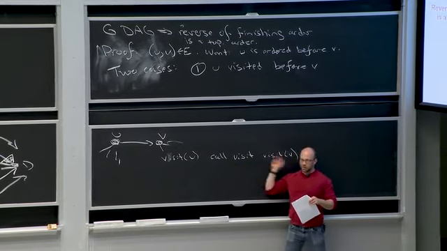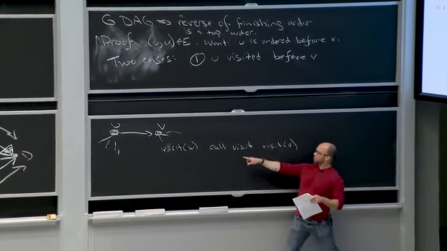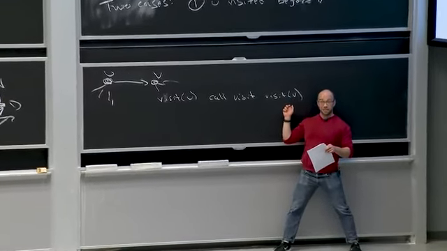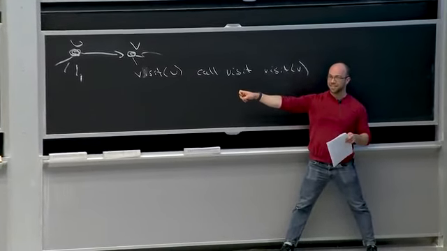Now here's where reverse ordering, we're going to have to keep it in our head, right? Because visit of u calls visit of v. So notice that visit of v has to complete before visit of u.